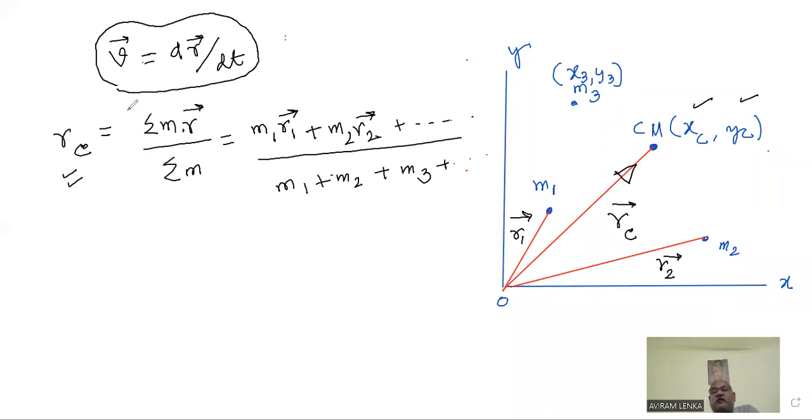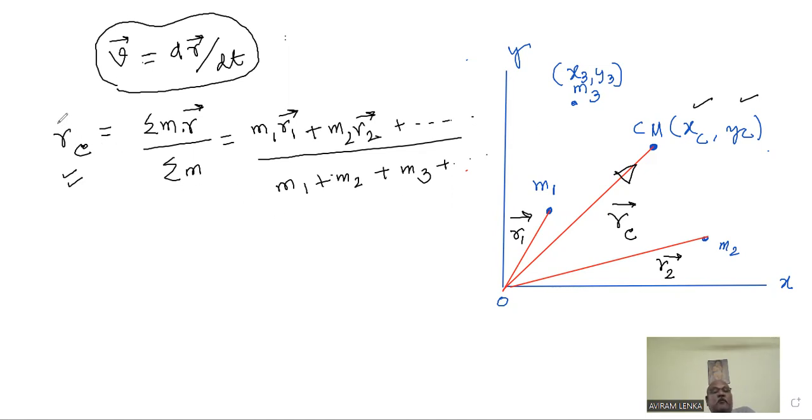Let us consider a dynamical system where the masses M1, M2, M3 are not at rest, but moving. If they are moving, the center of mass also won't be sitting at rest. The center of mass will be moving with the group, as we can normally sense. So the center of mass will have its velocity and its acceleration.